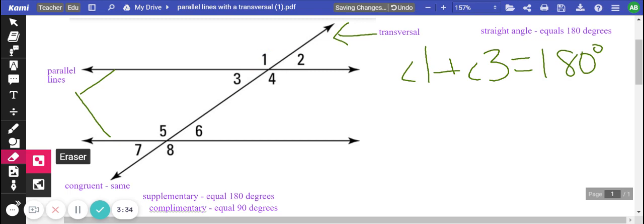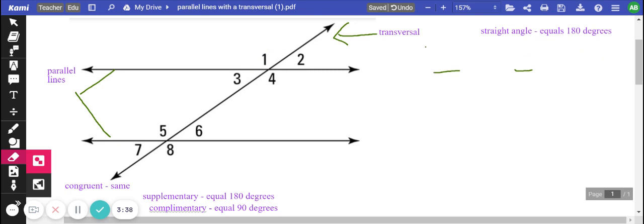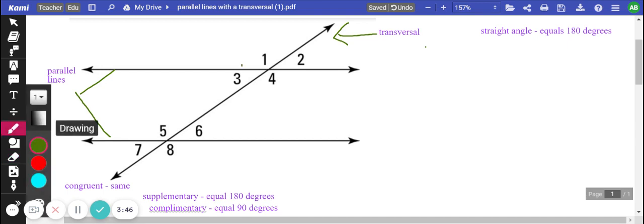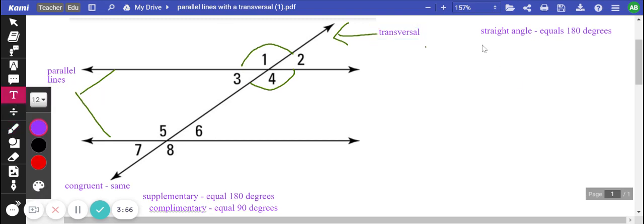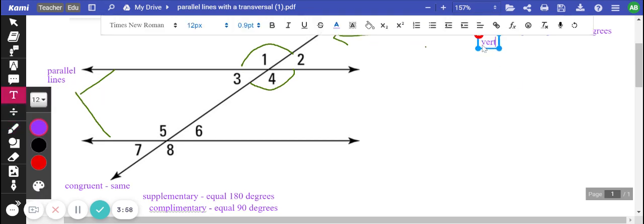Now, another rule that we talked about is vertical angles. Okay, vertical angles share a vertex. They are going to be opposite of each other. So let's add this over here to our notes. Vertical angles.